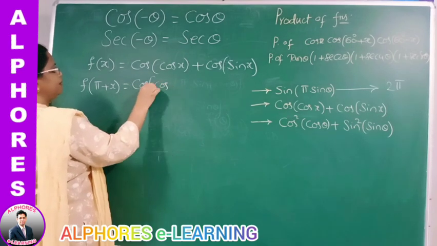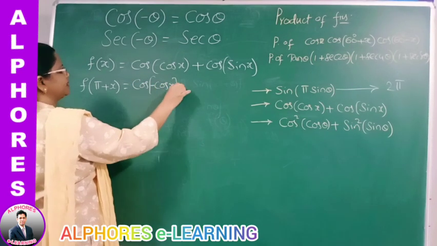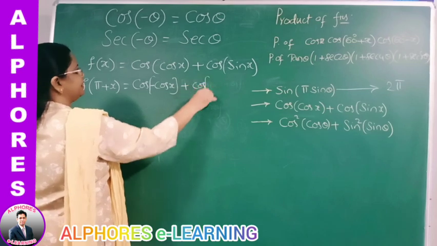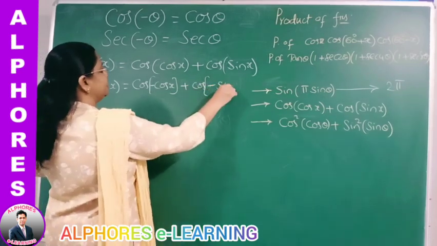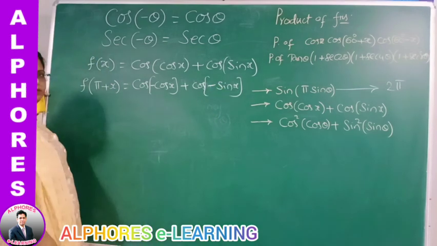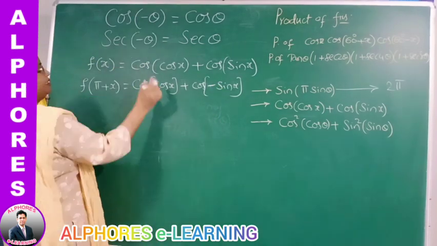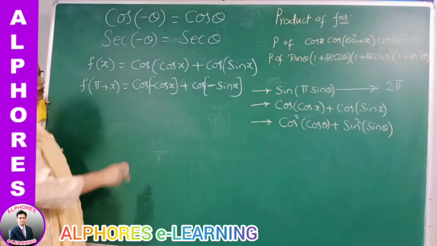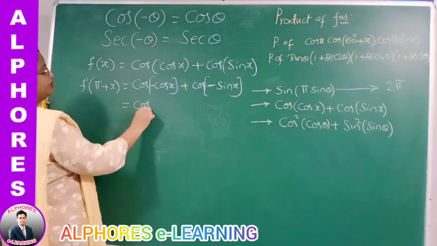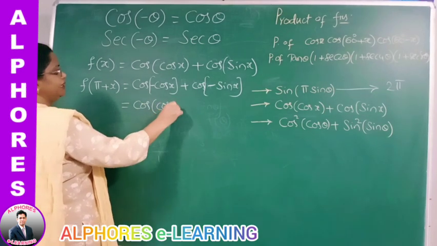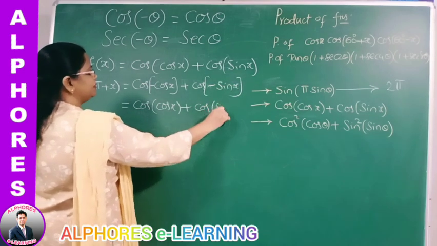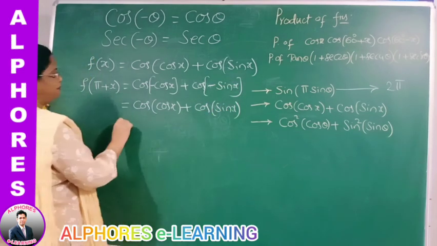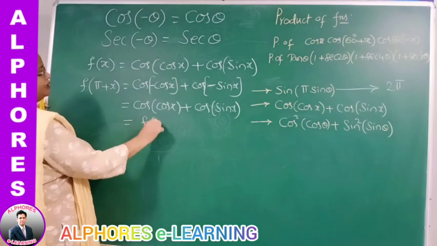Cos of 180 plus x is minus cos x, and plus again cos of sin of 180 plus x, it is minus sin x. So here is the danger point, students: basing on this, cos of minus theta is nothing but cos theta, that is cos of cos x, and again cos of minus theta is cos theta, that is cos of sin x, right?